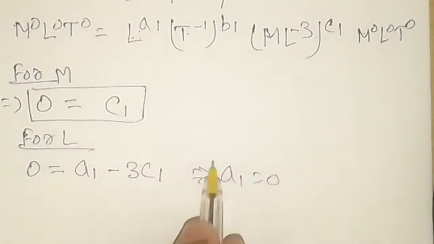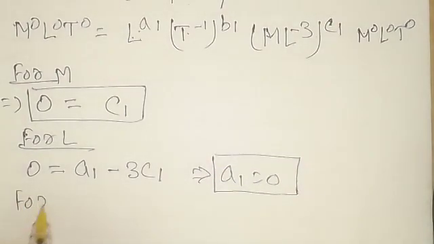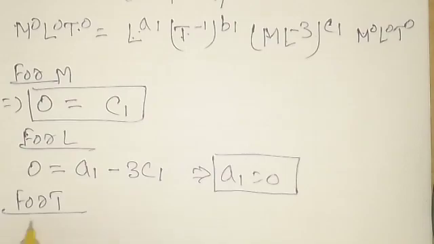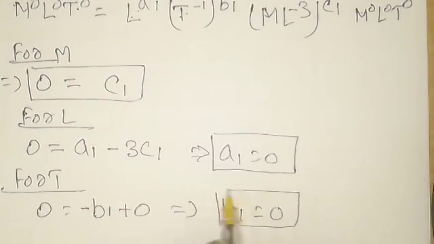Now we have for T, for time. The power is minus b1, we don't have a T on the other side, so we can say 0 is equal to minus b1 plus 0. So b1 is equal to 0, right? So a1, b1, c1 for the pi 1 term we got.